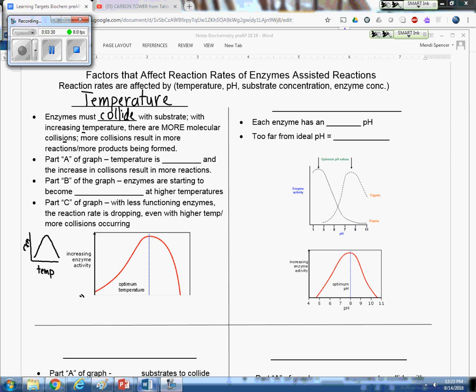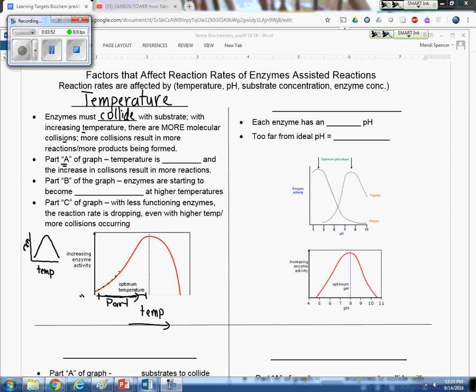That's what we're seeing kind of here on this part of the graph. Come from here to here. You can see that this red line is going up. This is what I would deem as part A here. Part A in the graph is showing you that temperature, so this is temperature down here, we're increasing it. Temperature is increasing as we go this way.